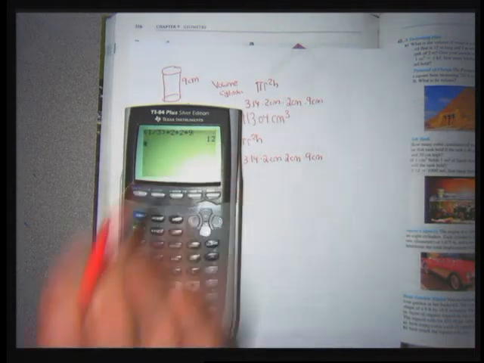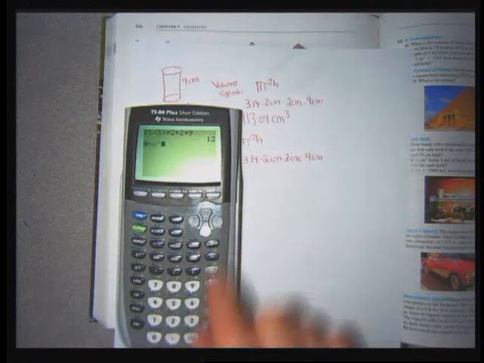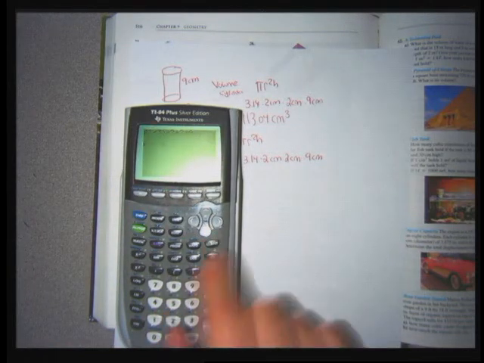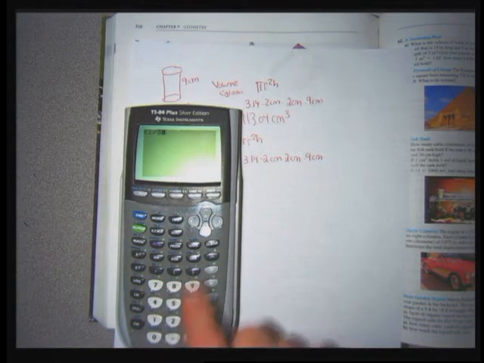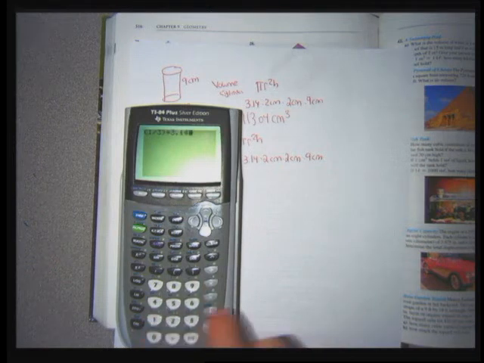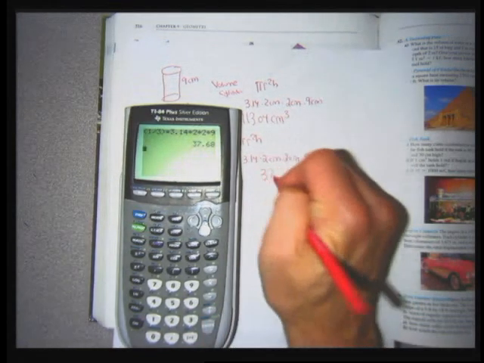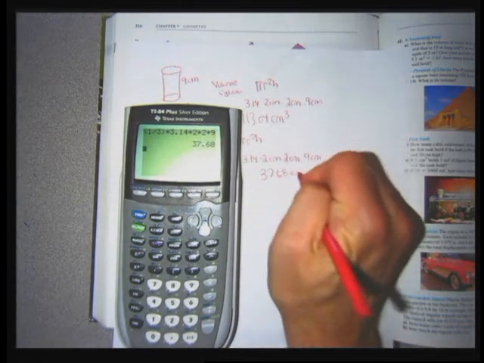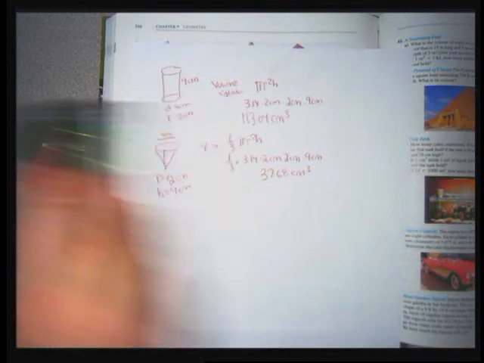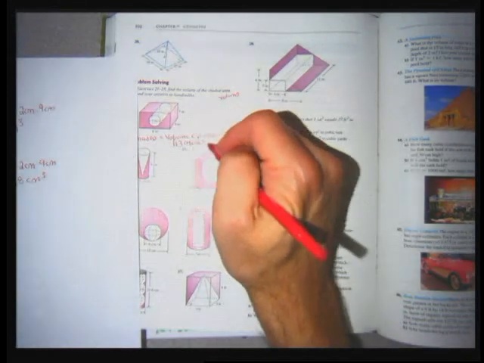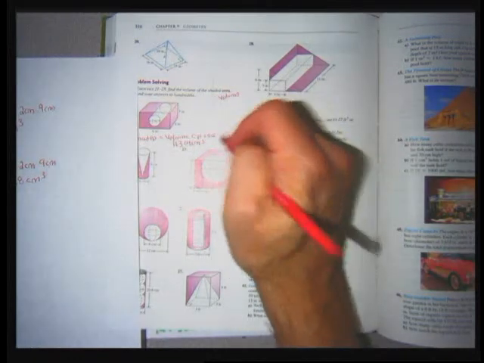Whoa, I forgot the pi, that's why. Parentheses, 1 divided by 3 times pi, 3.14, times 2 times 2 times 9. It's going to give me 37.68 cubic centimeters. So the volume of the whole cylinder is 113.04 cubic centimeters.